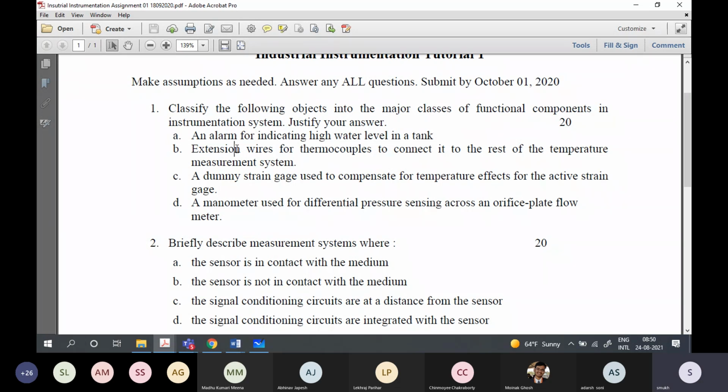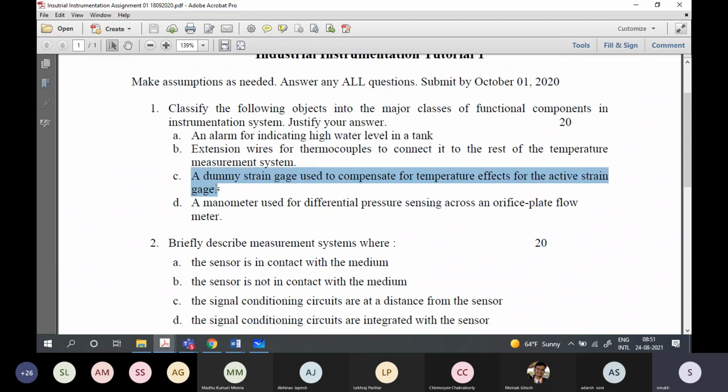It will be difficult for you to answer this question because you don't know what an extension wire is. It has not been covered in the class, so we'll skip this question. You can think about it later on. Actually, these extension wires are used because thermocouple wires are very expensive to run, for example if you have a platinum thermocouple. But anyway, we'll skip this question.